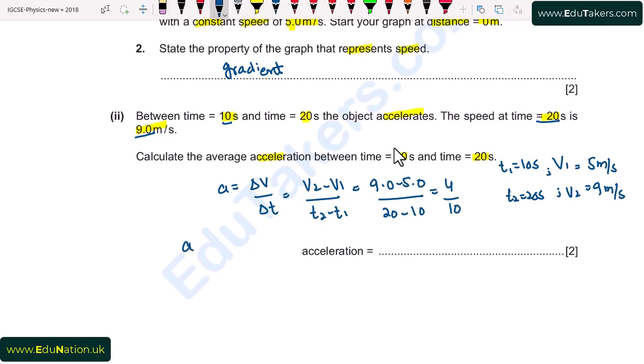So the value of acceleration comes to be 0.40 meter per second square. Acceleration is measured in meter per second square. So I write here acceleration is equal to 0.40 meter per second square.